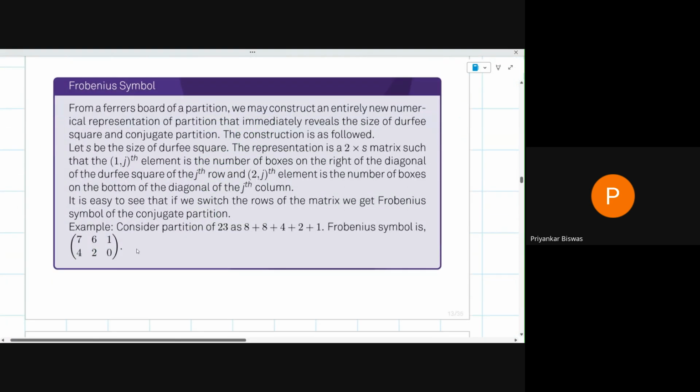Then consider this matrix where the 1 comma jth entry is the number of boxes to the right of the diagonal in the jth row, and the 2 comma jth entry is the number of boxes below the diagonal in the jth column.